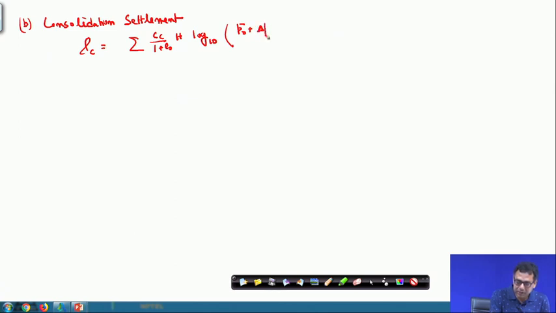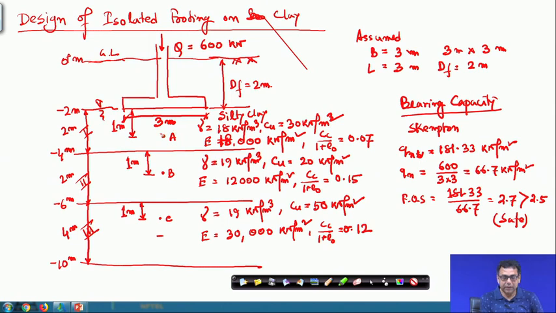I have taken 3 points at the center of each layer. So, I will calculate the stresses at points A, B and C. The water table is 2 meter below the ground level. So, for this portion I will use 18, that is the unit weight given, and for this portion I will use the submerged unit weight, so I will take 18 minus 10 as the unit weight.